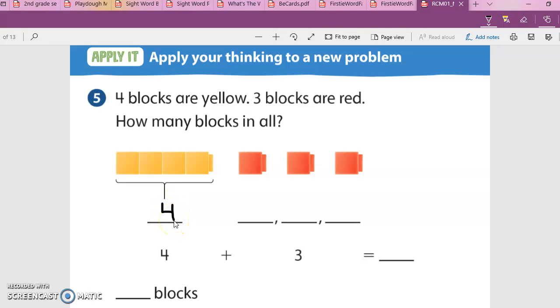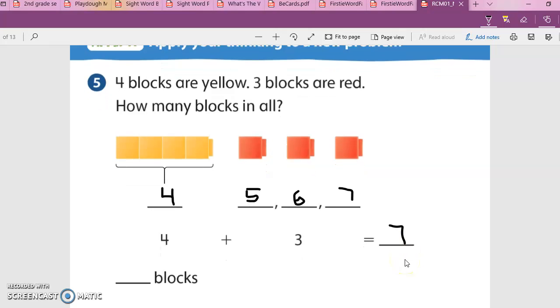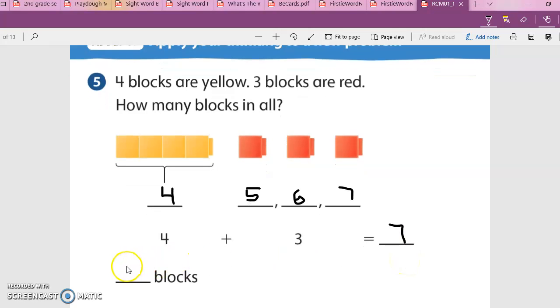And we're going to start counting on. 4, 5, 6, 7. So 4 plus 3 equals 7. And to always label our answer, how many blocks in all? 7 blocks.